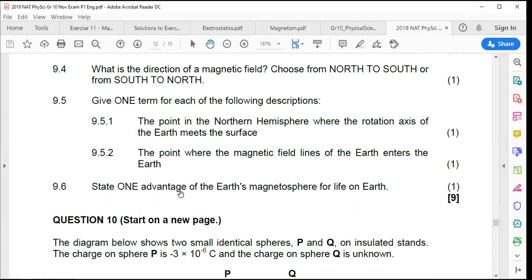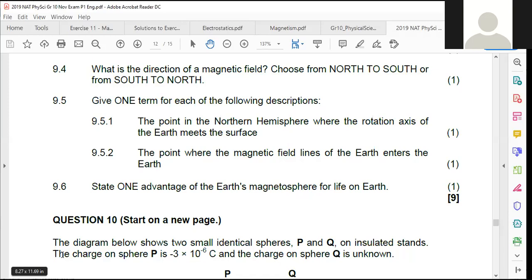Right, next one, state one advantage of the earth's magnetosphere for life on earth. What's the advantage? Sir, is it right if I say it protects living organisms on Earth from the sun's solar winds? Right, that's correct, yes.